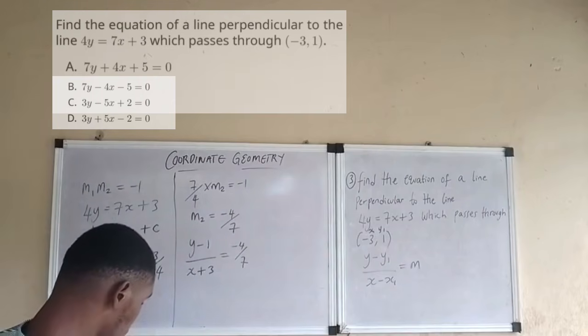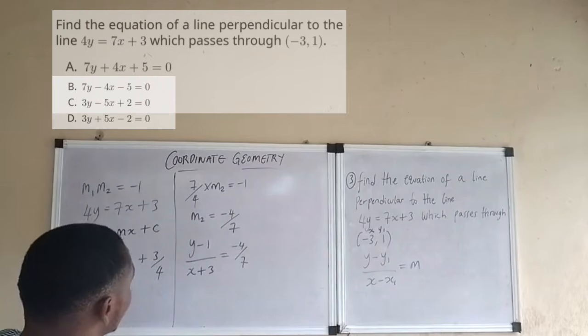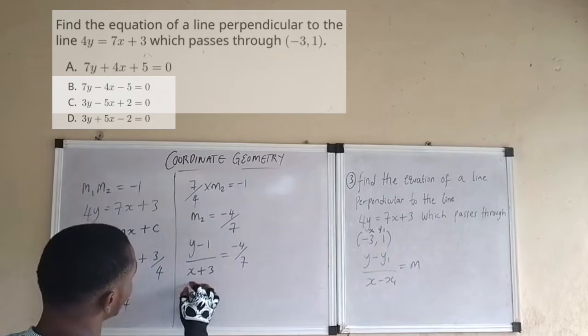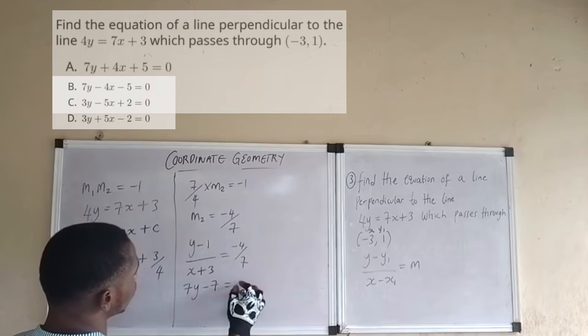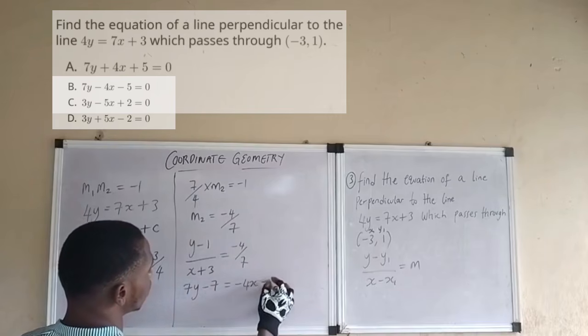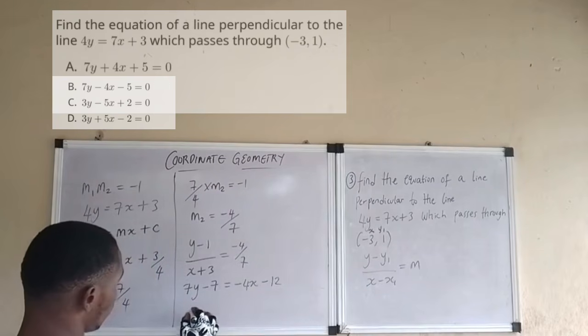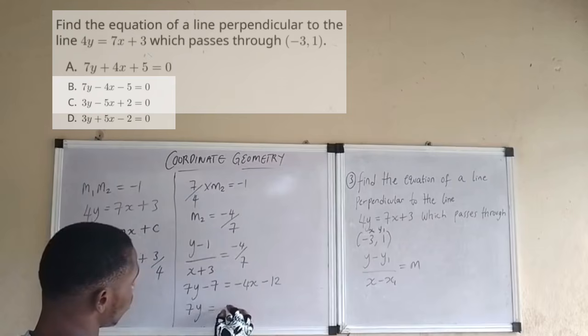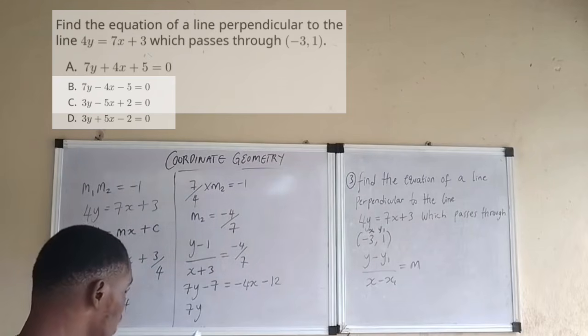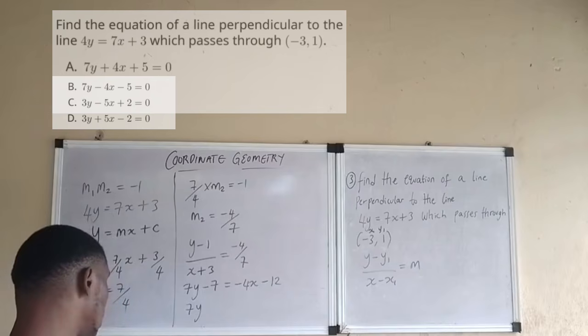So let's continue. If you cross multiply, we have 7y minus 7 equals minus 4x minus 12. Okay, let's equate everything to 0, because if you look at the options, every single thing is equated to 0.